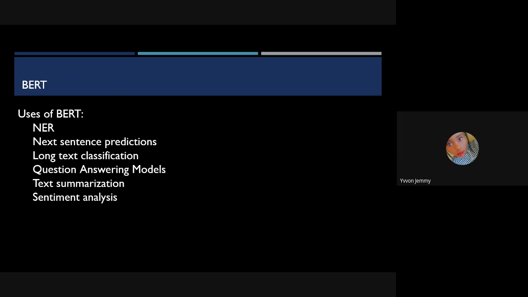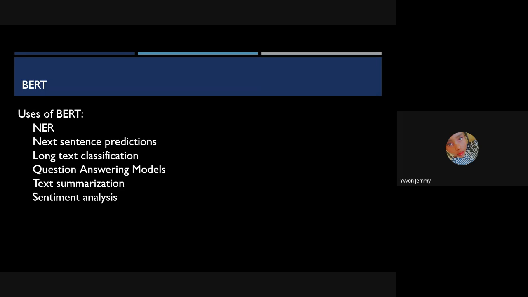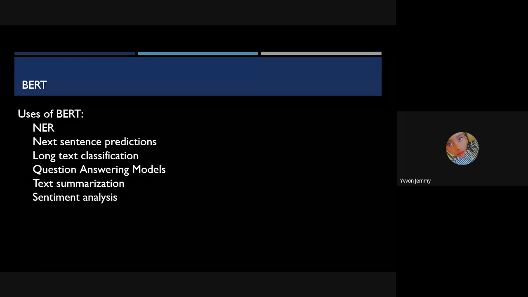For example, the way Gmail classifies emails as spam and not spam, that is long text classification. They read the whole email, and there are some words that show that this email is spam, and other words that show that this email is not spam. So that is long text classification. And then there is question answering models.